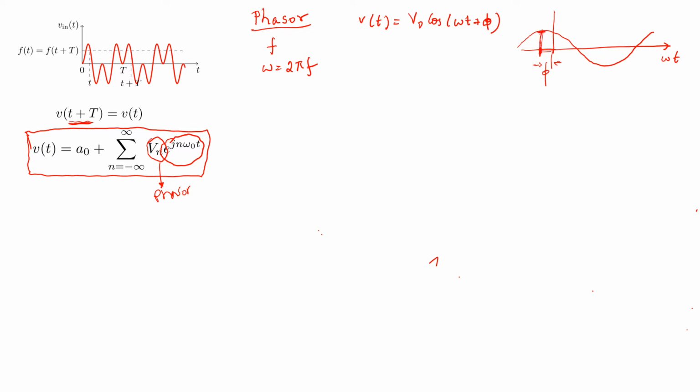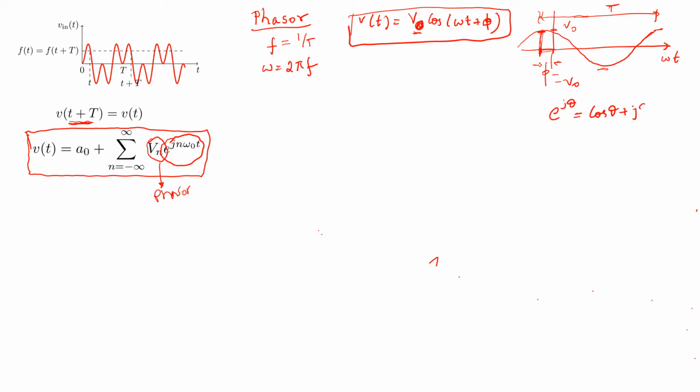This varies from plus v naught all the way to minus v naught, being the amplitude, and this entire time period from one peak to the other is going to be T, and the frequency is 1 over T.